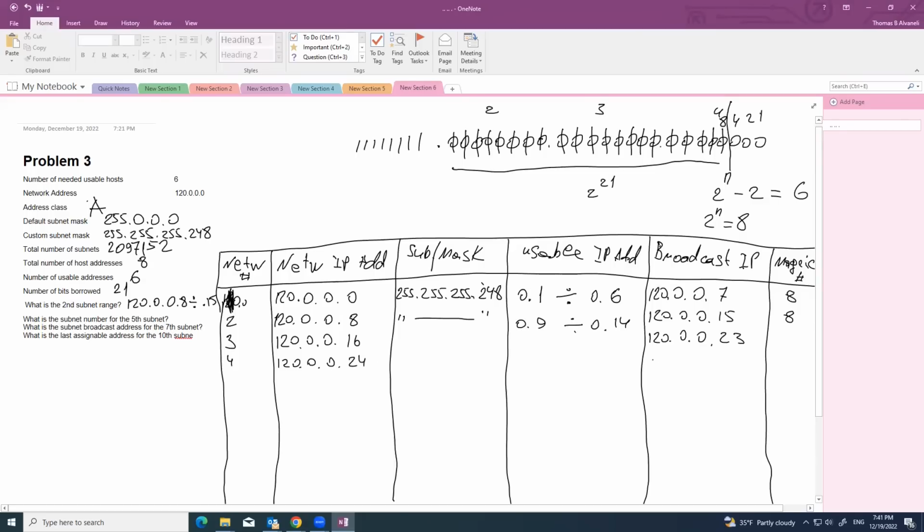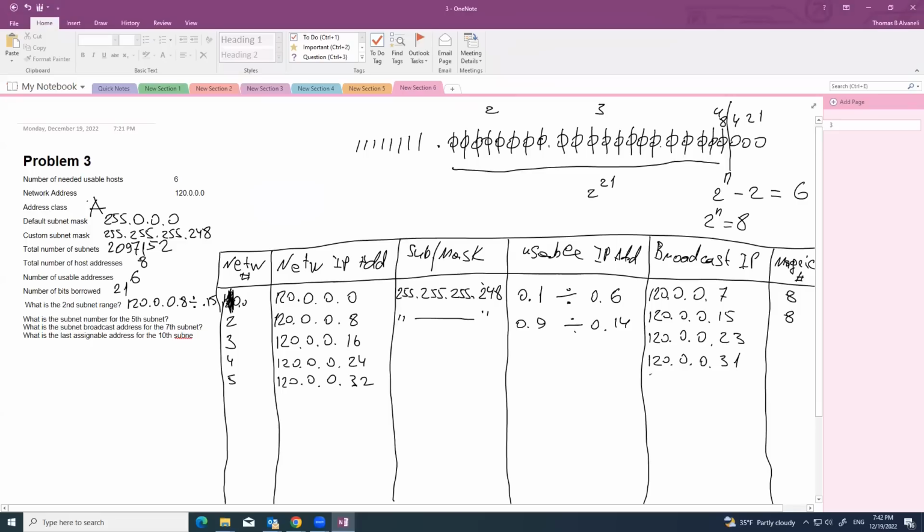And here, the broadcast address for the 4th will be 120.0.0.31. This is the broadcast address. The 5th would be 120.0.0.32.